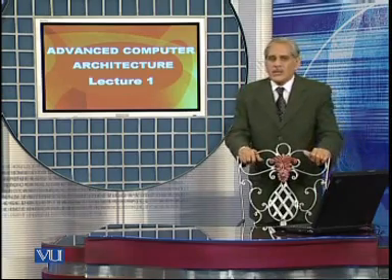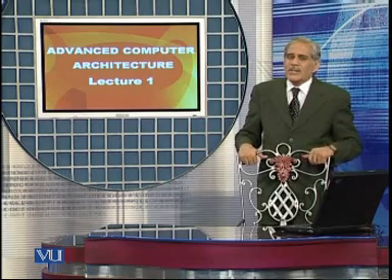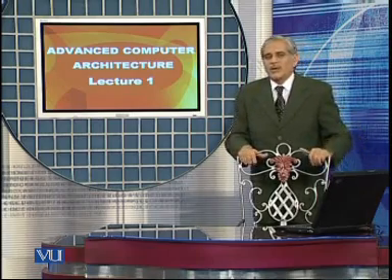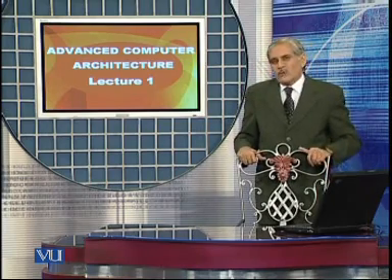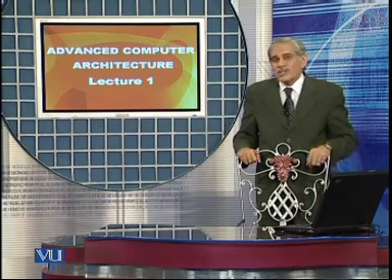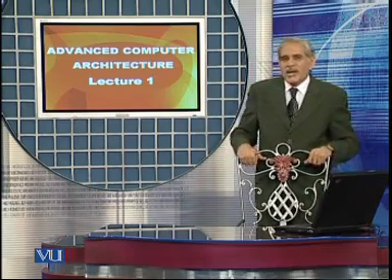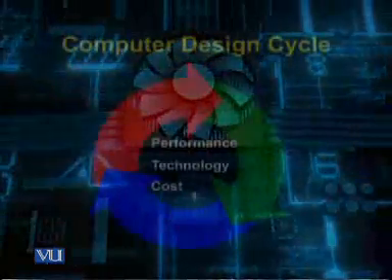Otherwise, the same computer which was available in 1960 at the cost of $1 million is today available only at the cost of a few thousands of rupees, not dollars. That was $1 million, whereas today its cost is in thousands of rupees or in hundreds of dollars.